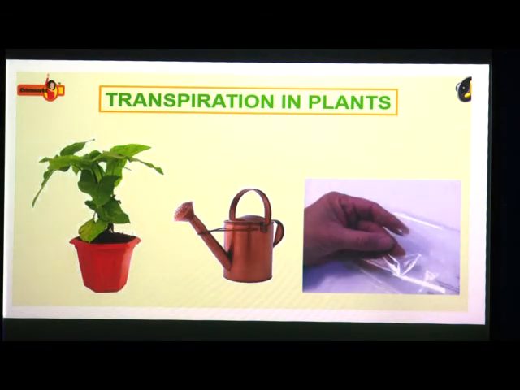Transpiration in plants. Now, to see transpiration in plants, we have to perform an activity. For this, you require a pot with a few leaves, water, and a polythene bag or plastic bag.